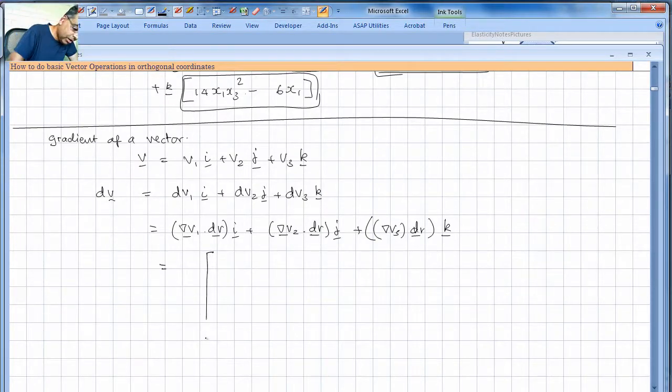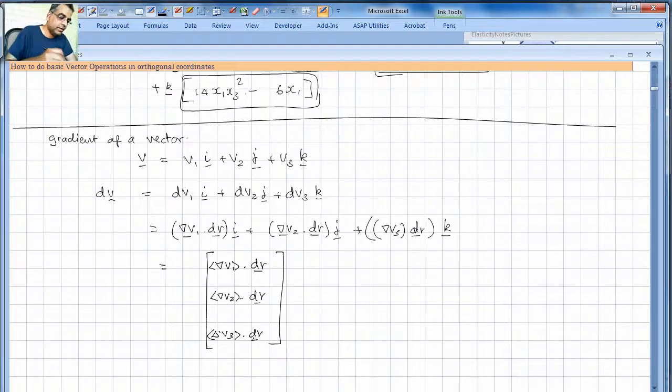I am going to write this as a column vector: gradient of v1 dotted with dr, gradient of v2 dotted with dr, gradient of v3 dotted with dr. That's nice. I'm going to factor out the dr and write this as a matrix.